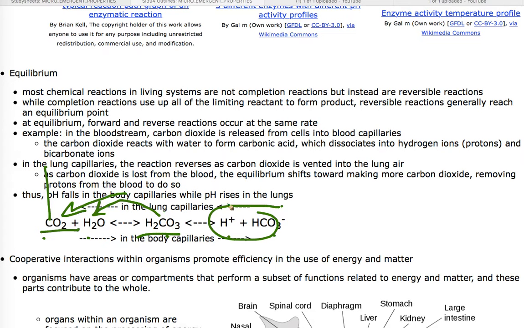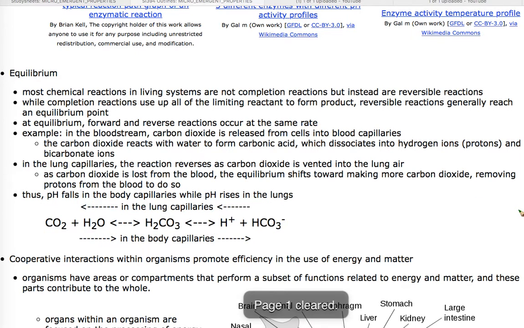This equilibrium seesaw goes on constantly in human lungs until a patient dies. When somebody dies, the equilibrium becomes static. In other words, the amount of CO2, the amount of water, carbonic acid, proton, and bicarbonate become stable. They're not equal, they just become stable. They're never stable in a living organism.